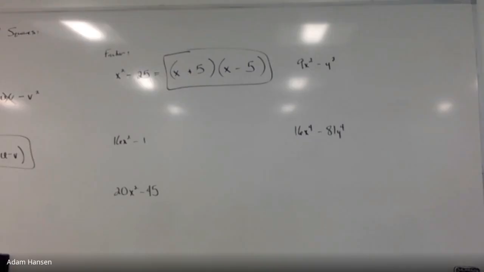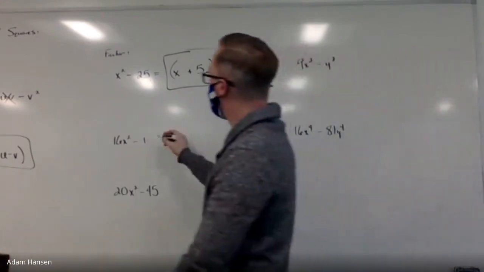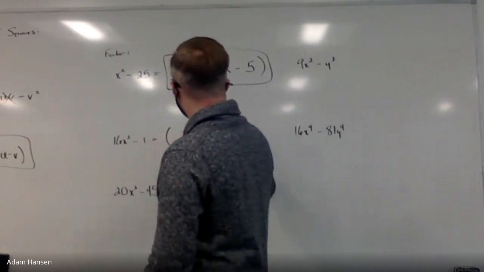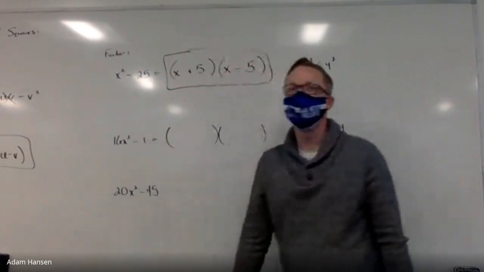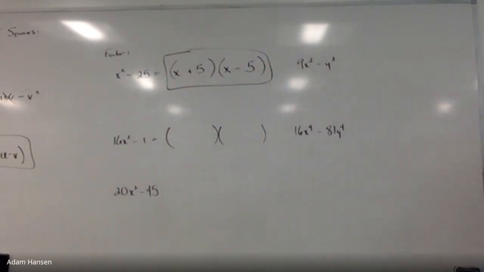On your own. 16x squared minus 1 is the next one here. What would this factor into? You're going to write two sets of parentheses and see what goes inside. What would I have to multiply together to make 16x squared minus 1? What are the factors of 16x squared minus 1?